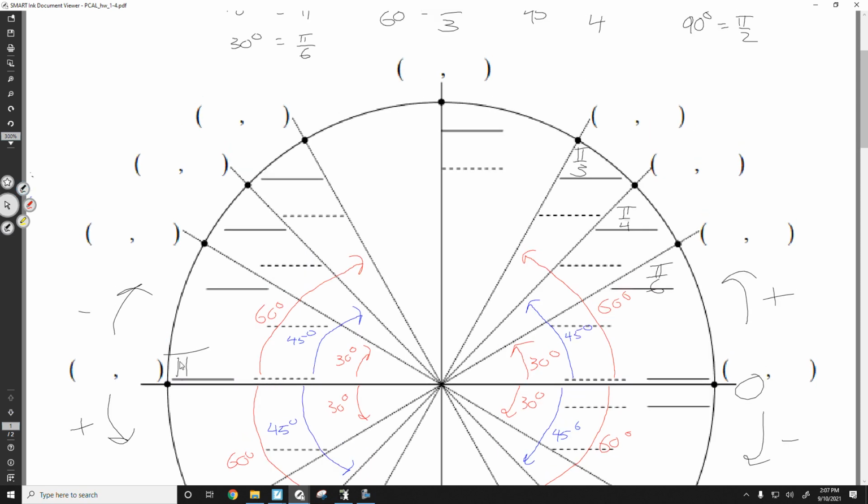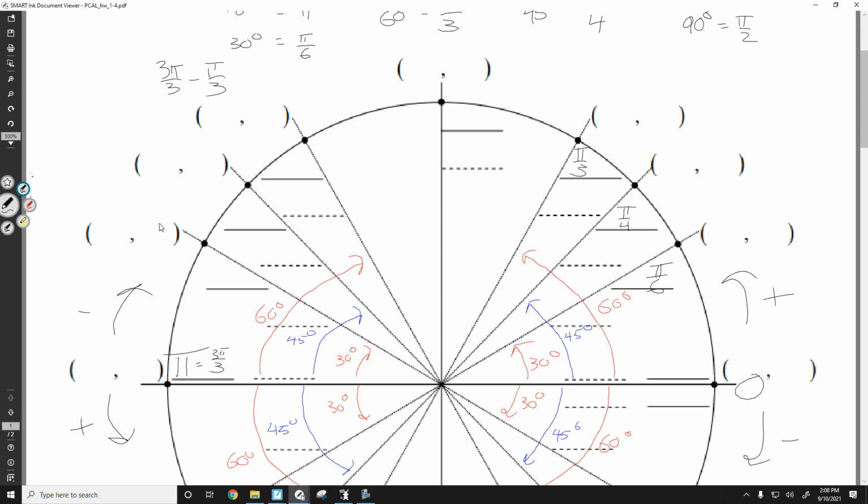I know pi can be written in so many different ways using common denominators. You can write it as 3 pi over 3, for instance. Well, I could take 3 pi over 3, subtract the pi over 3.